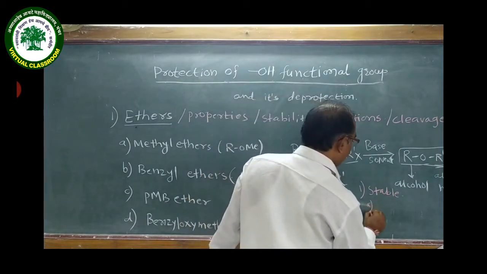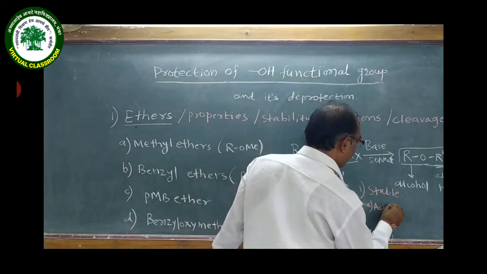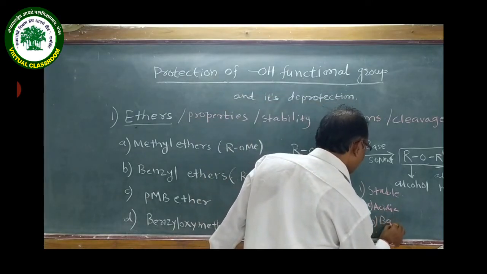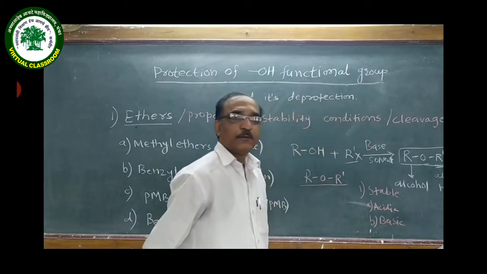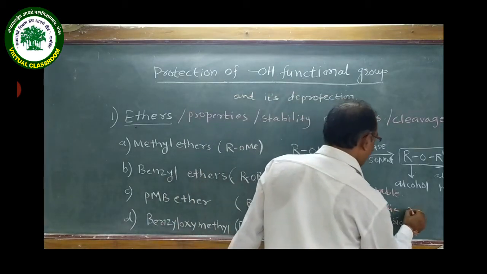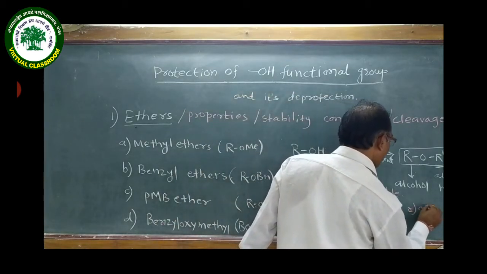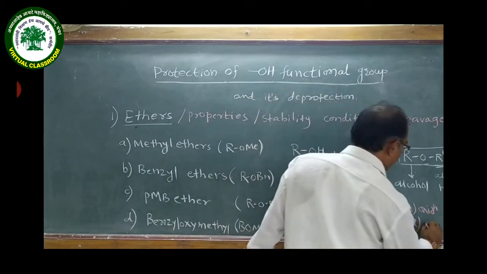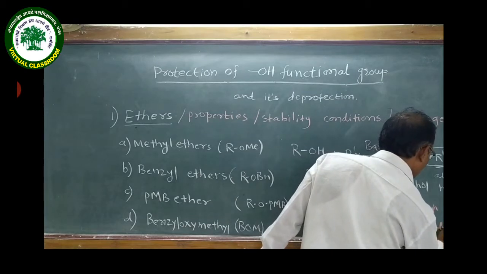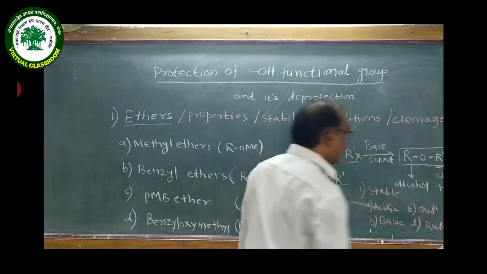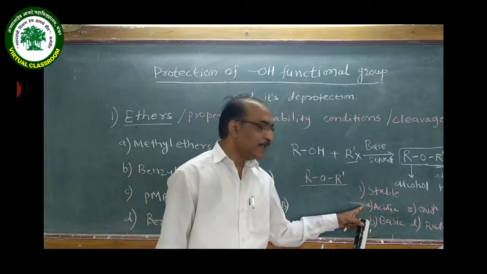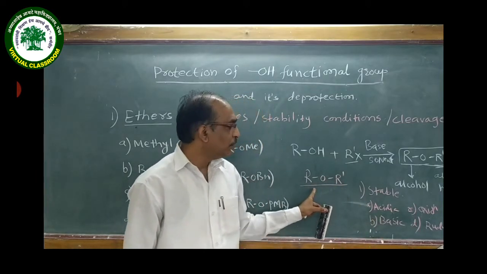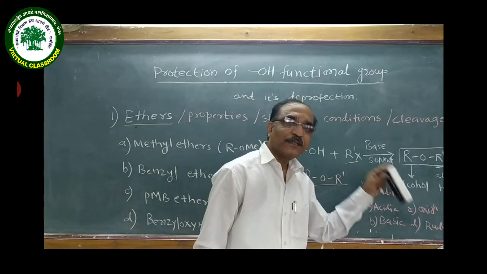It is stable under acidic condition, second basic condition, third the oxidation condition, and the fourth one reduction condition. So this ether is stable in acidic condition, in basic condition, in oxidation as well as reduction condition.